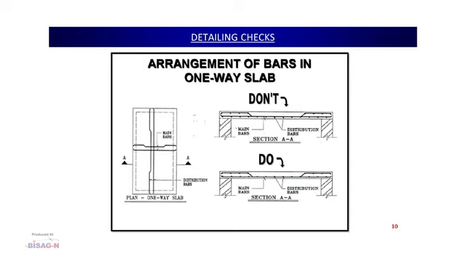That means the main reinforcement should be coming at the bottom of the reinforcement cage. Here you can see the mistake they have made. They have taken this main reinforcement above the distribution steel without understanding the repercussions of this methodology. So, we have to ensure this in case of any slab, be it a one-way slab or two-way slab.